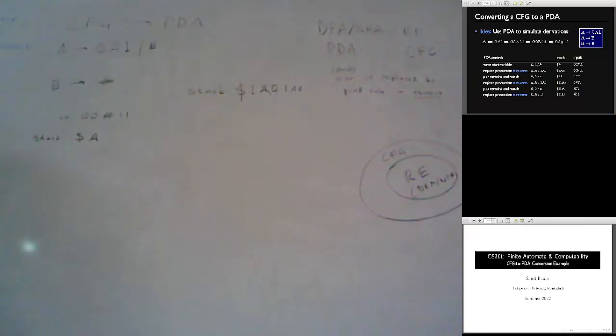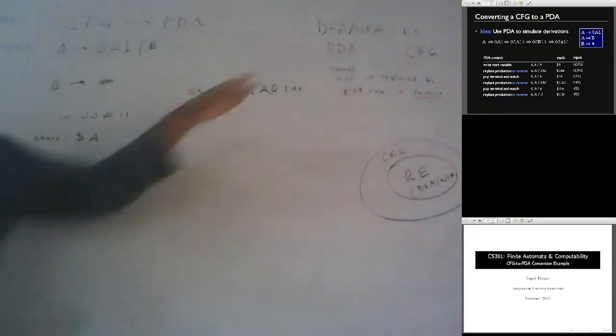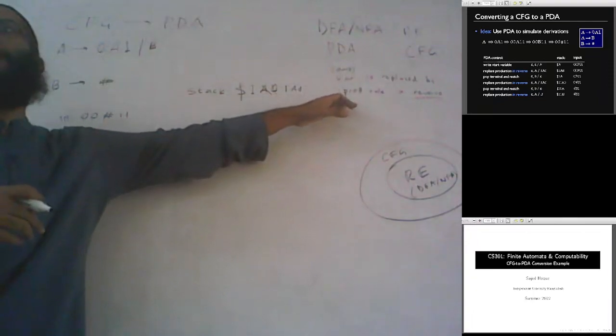So what we're going to do is, we try to match the input with the top of our stack, if the top of our stack is a terminal. If the top of our stack is a variable instead, we don't do any matching yet, but we replace that with the production rule in reverse.